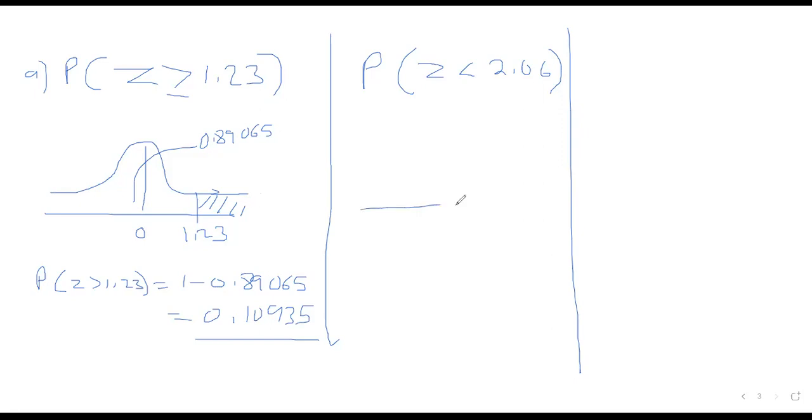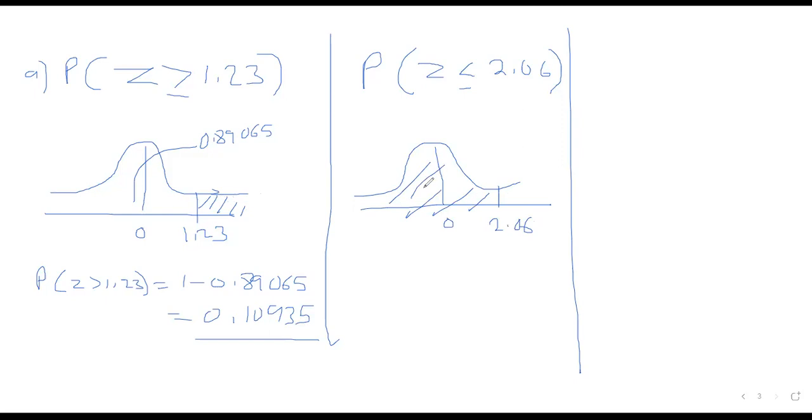When we go to this second reading, we are told to find the probability that it is less than 2.06. The sign less tells you that you're shading to the left. This is the part that we are shading. We need to know when to subtract from 1 and when to read directly. If the reading is small, we subtract from 1.